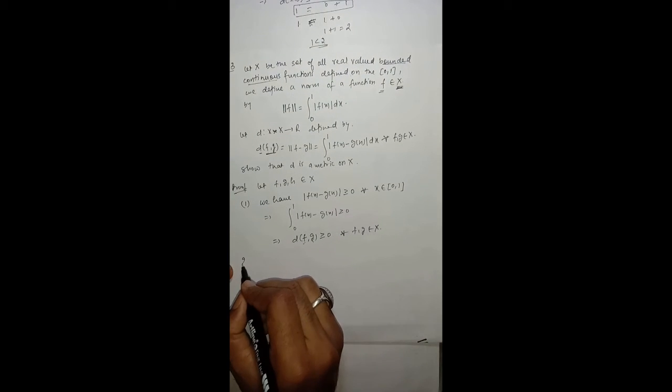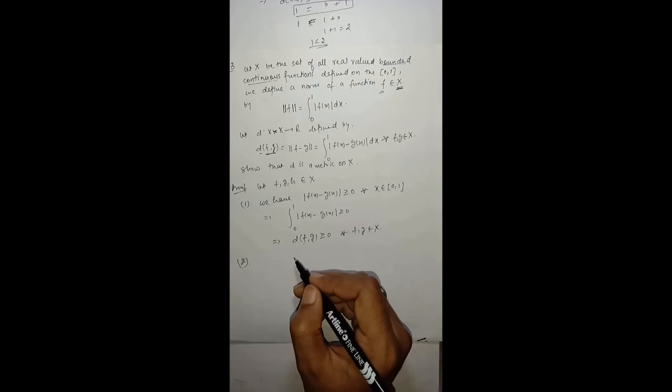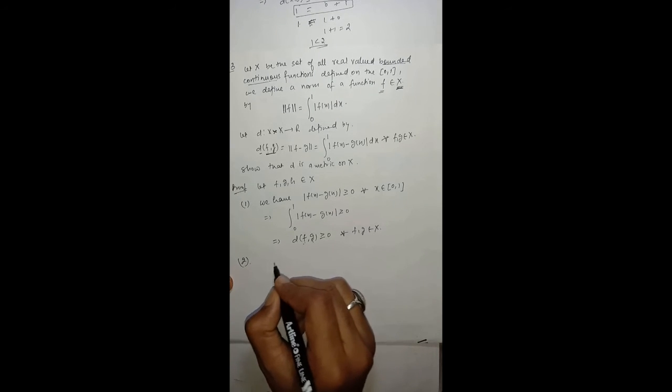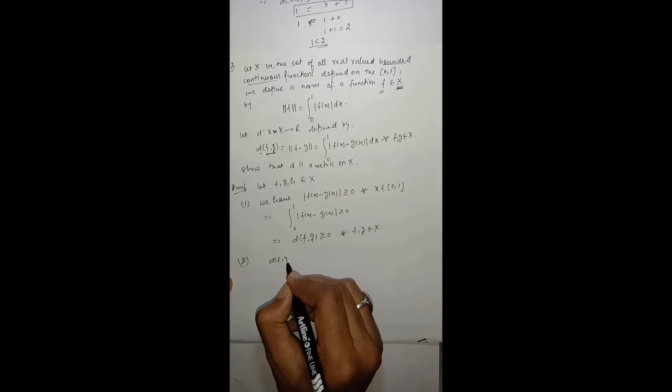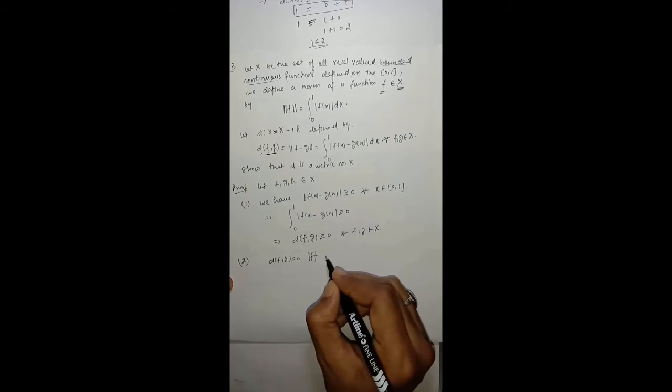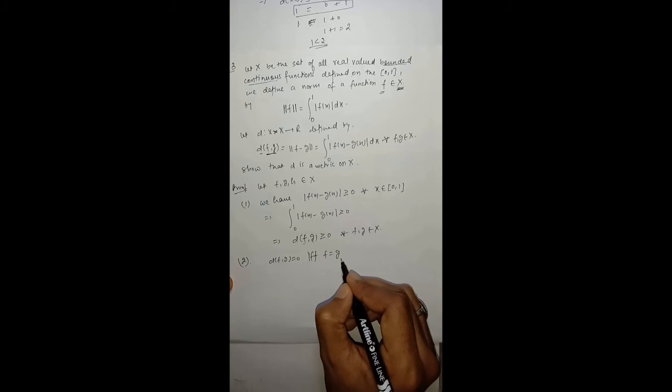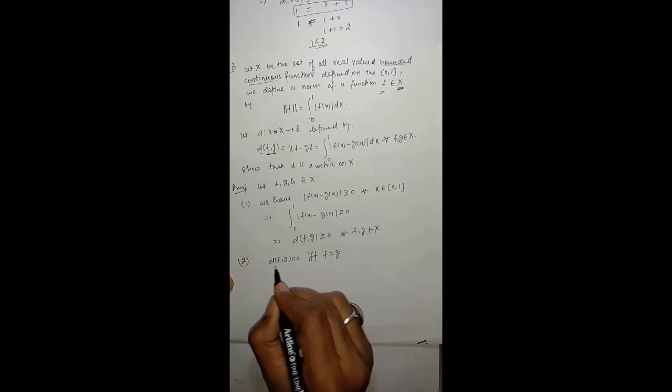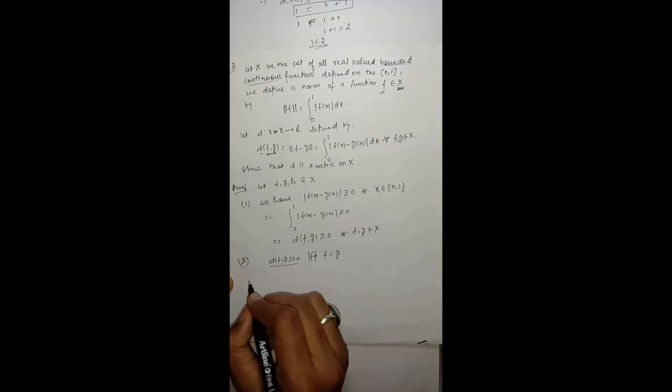The second one. We will have to show that d(f, g) is equal to 0 if and only if f is equal to g. If the functions are the same, then this is equal to 0.